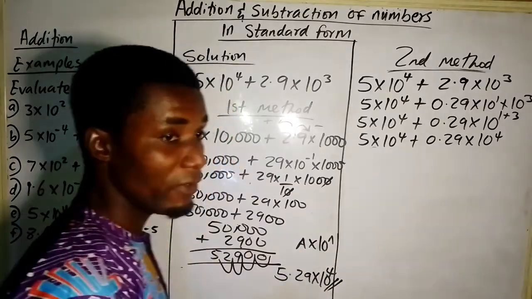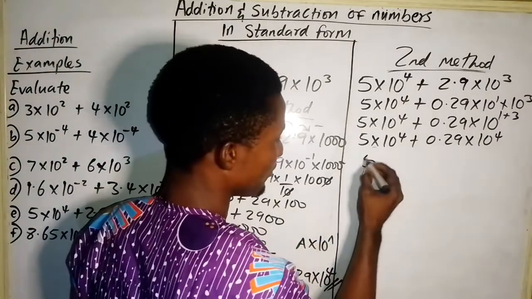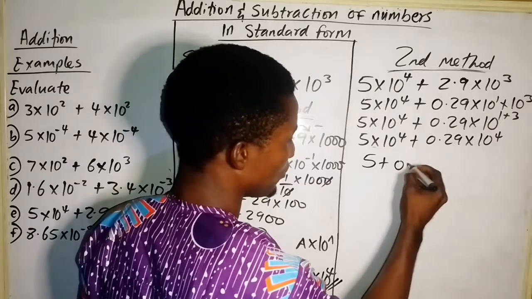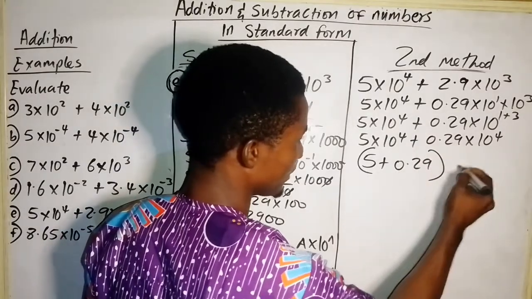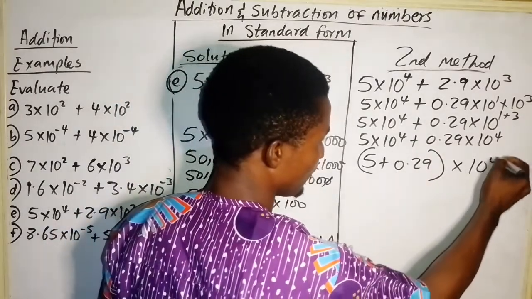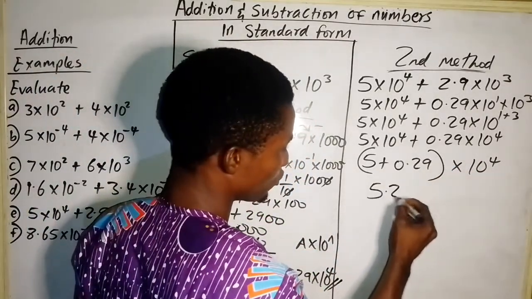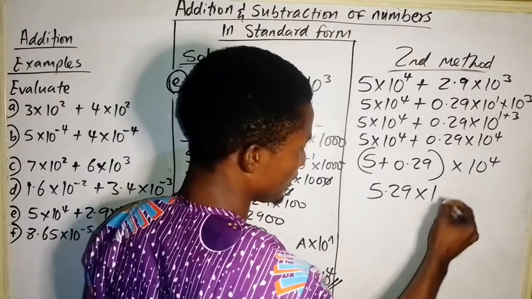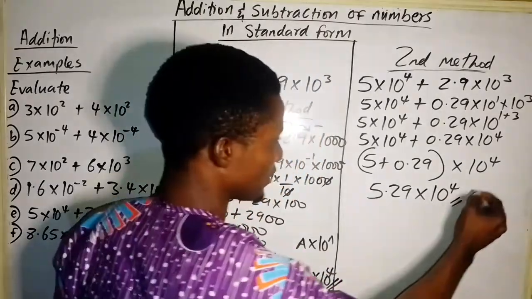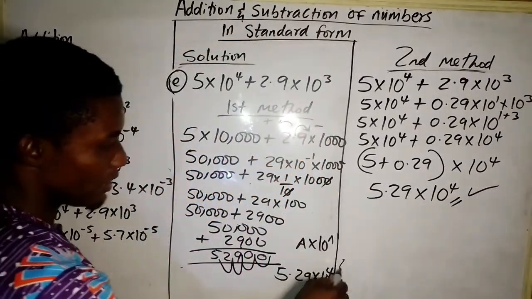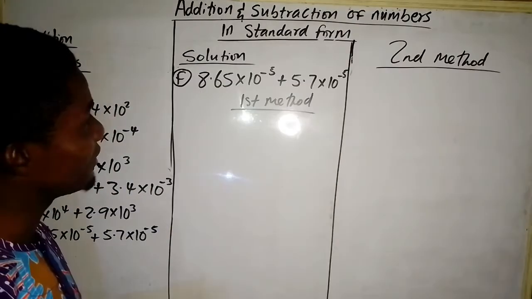So now we can evaluate completely. We are going to be having 5 plus 0.29, close the brackets, times 10 raised to the power 4, which is the common factor here. So we're going to be having 5.29 times 10 raised to the power 4, which is the same as the answer we have here. You can see that. Alright.